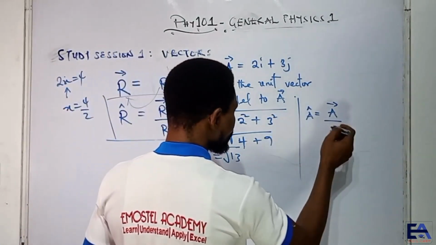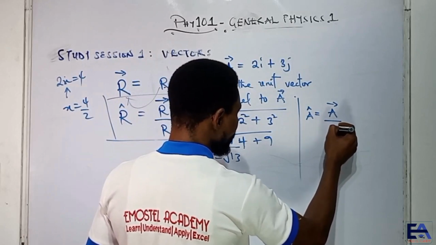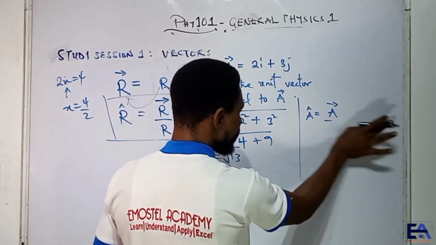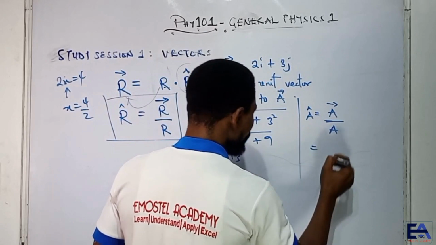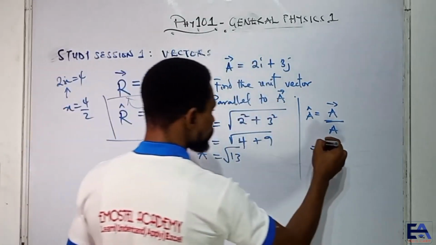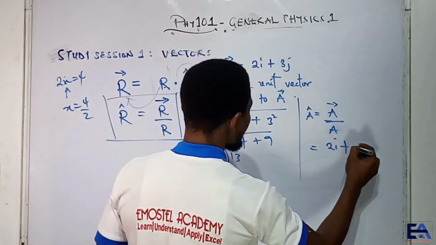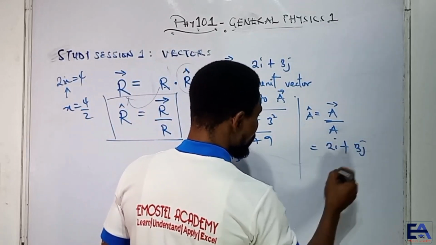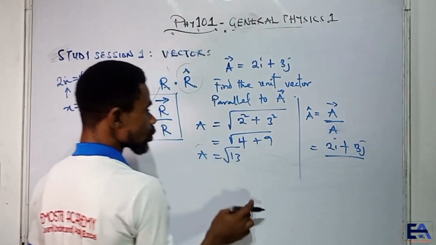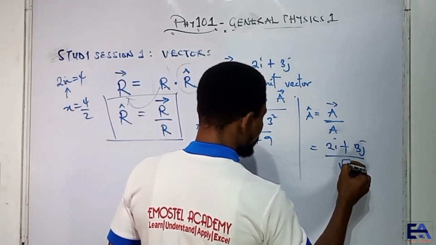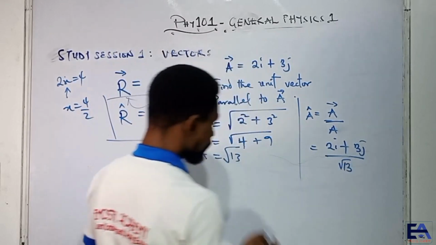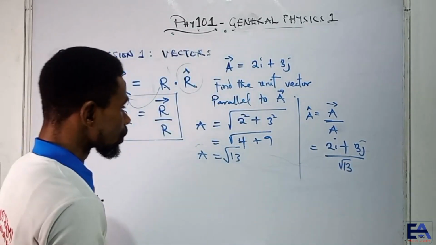Now back to this place. We have the actual vector A divided by the magnitude of the vector A. So the actual vector A is 2i plus 3j, and the magnitude of vector A is root 13. You can find the root if you can, but let's just leave it this way.